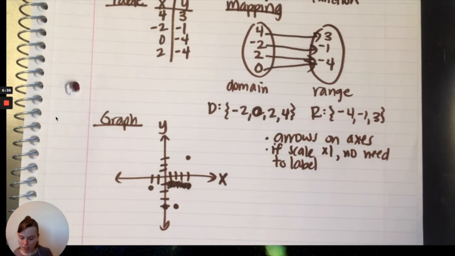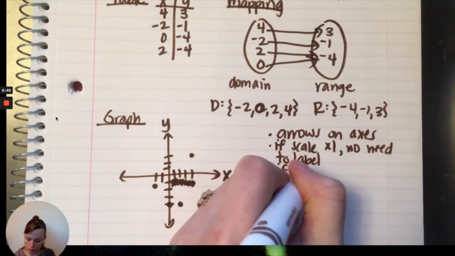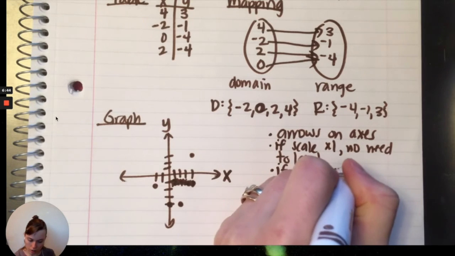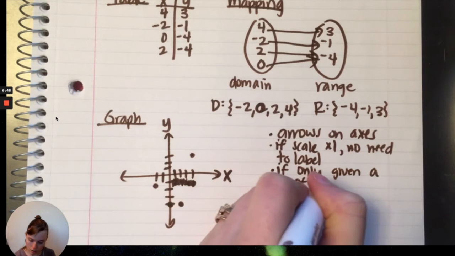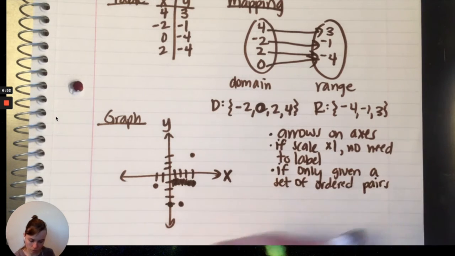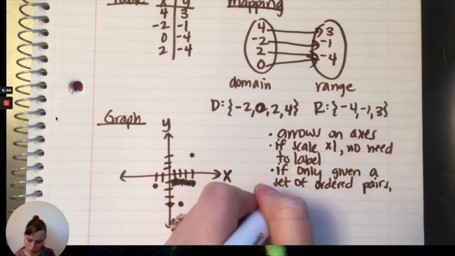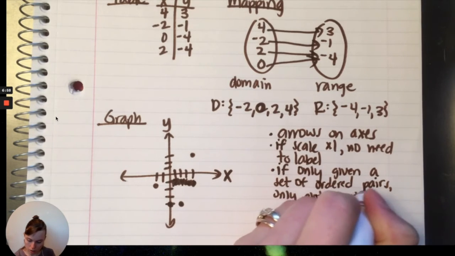And then, what's the other thing? Gotcha. If only given a set of ordered pairs, only plot points.